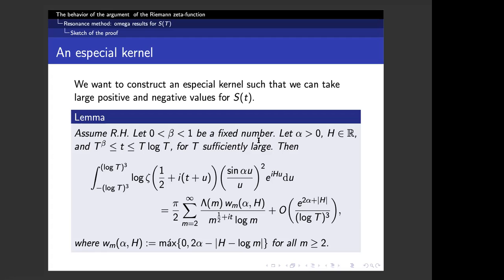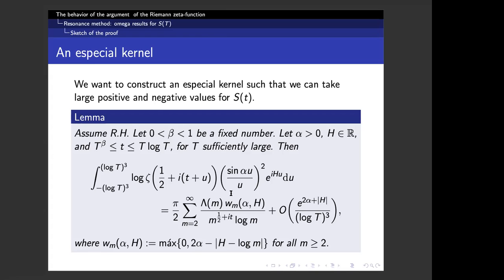So I would like to start with this lemma. You can prove this lemma using integration. Assume the Riemann hypothesis, fix a number beta between 0 and 1. Take alpha and h, these numbers. Take t in this interval, t^beta, t log t. And then you can obtain this equality here.